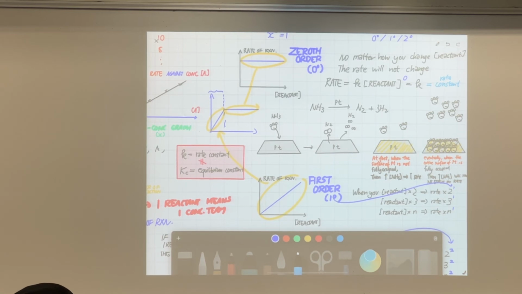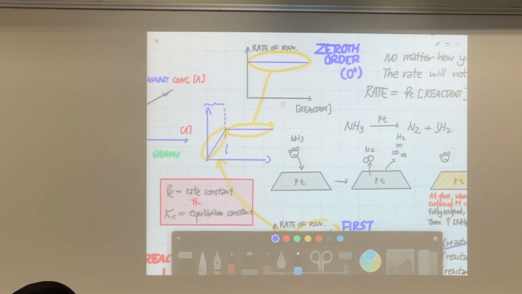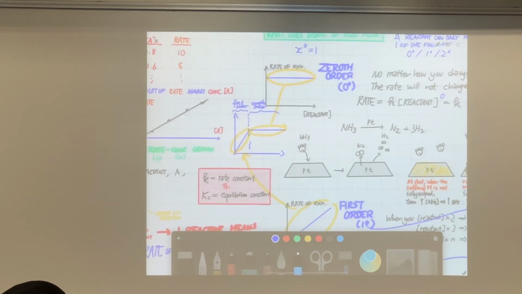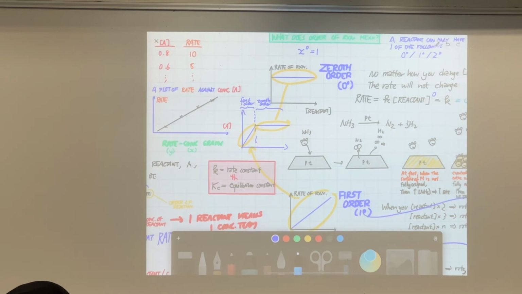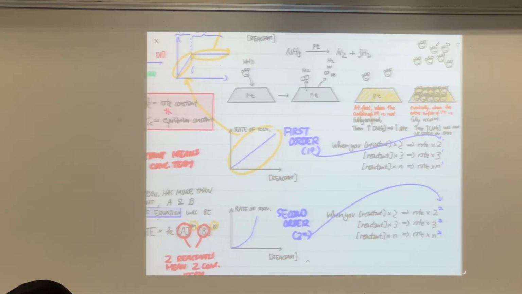But for most reactions, it will usually not change. So for some it can change, but for some it will not. So this is first order, and this part here will be zero order.